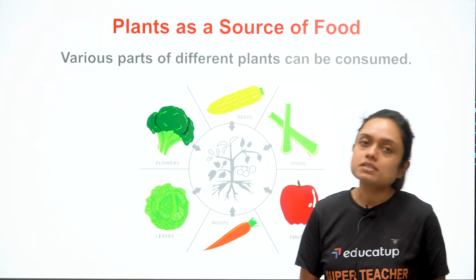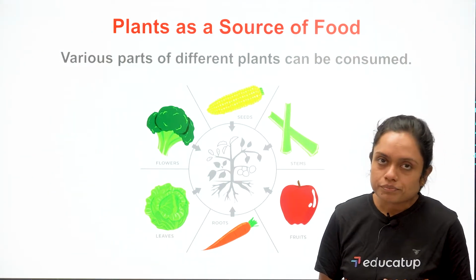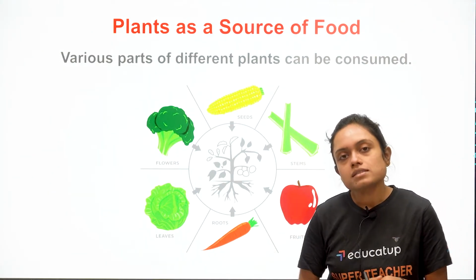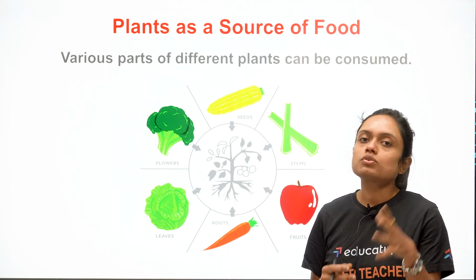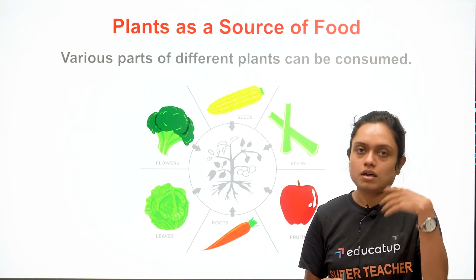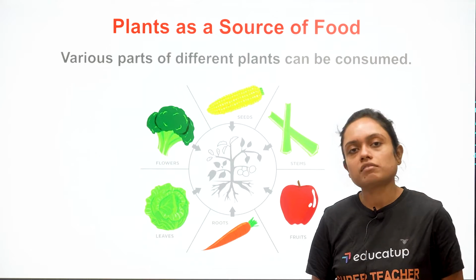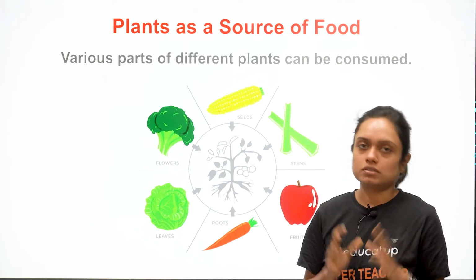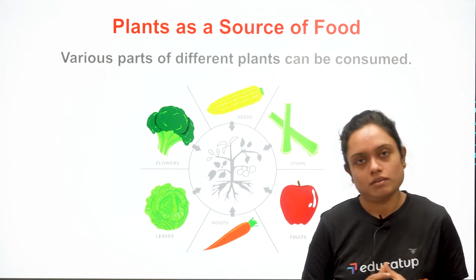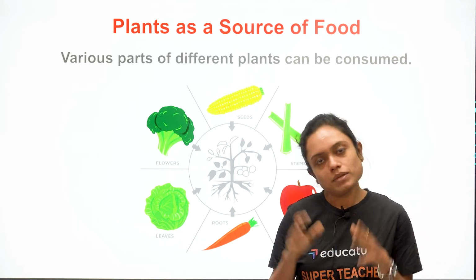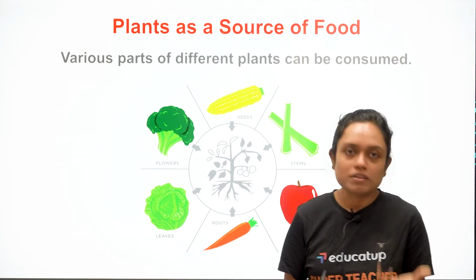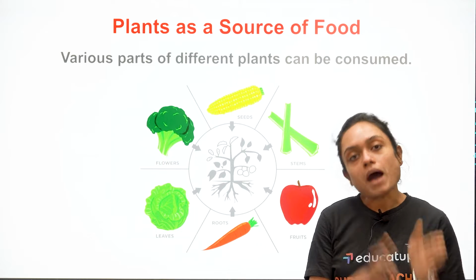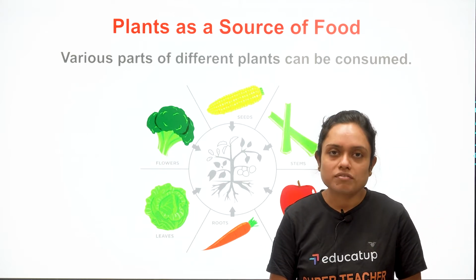Alright, now plants as a source of food. Plants as a source of food, that means you know that we always eat one part of a plant. For example, if I say cauliflower, gobi, what is that? I mean, you are getting cauliflower from a cauliflower plant. But which part you are actually eating in a cauliflower plant?